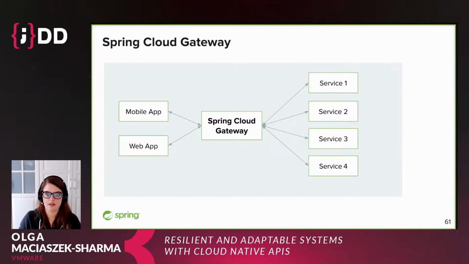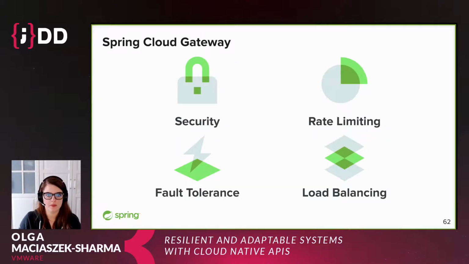You connect different microservices to act as a cohesive API, and it doesn't really matter what your clients are on the other side because they only interact with Gateway, whether they are a mobile app or a web app. Gateway is a place where you can apply cross-cutting concerns to all the services that make up your API.